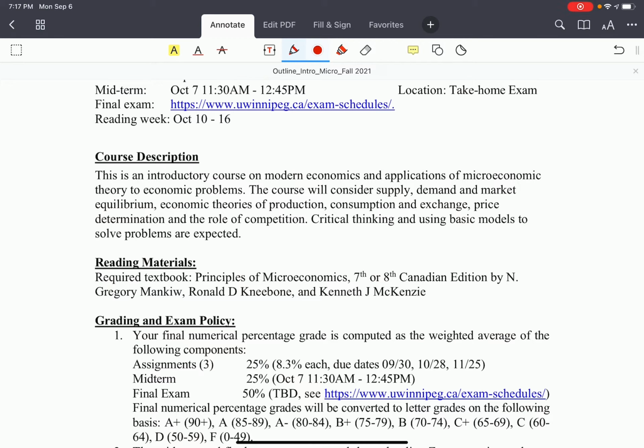And then we will briefly talk about production, consumption, and exchange. And then we will talk about different market structures. For example, we will talk about competitive markets, and we will talk about monopoly and other different kinds of markets.